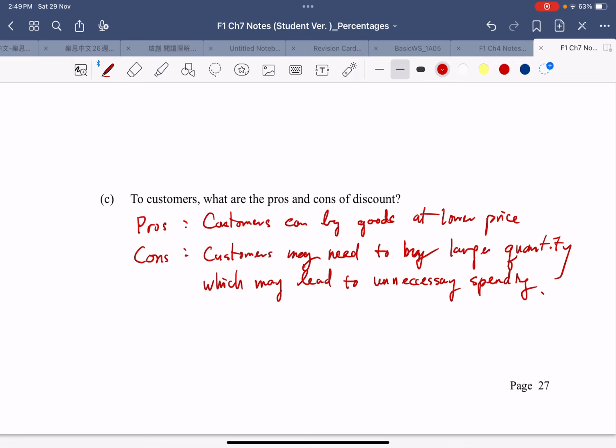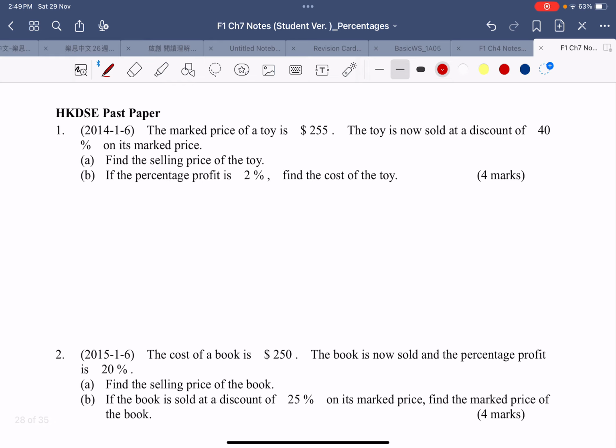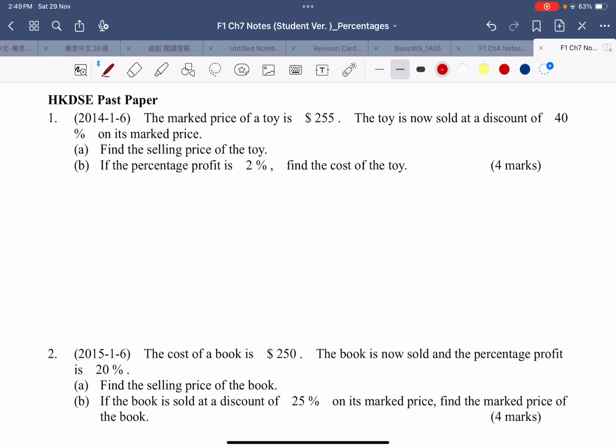Okay, so let's try some DSE questions, okay. Look at it. Okay, selling price. $255 market price times (1 minus 40%) gives you the selling price, and then the cost.